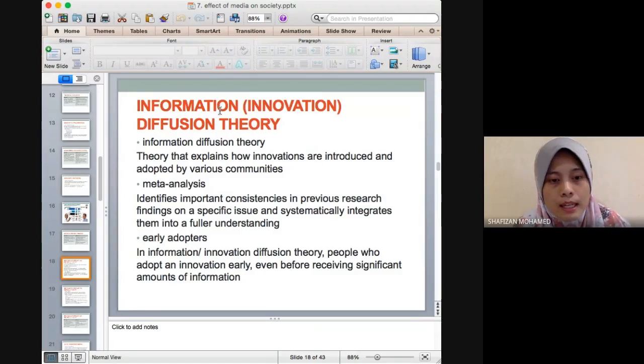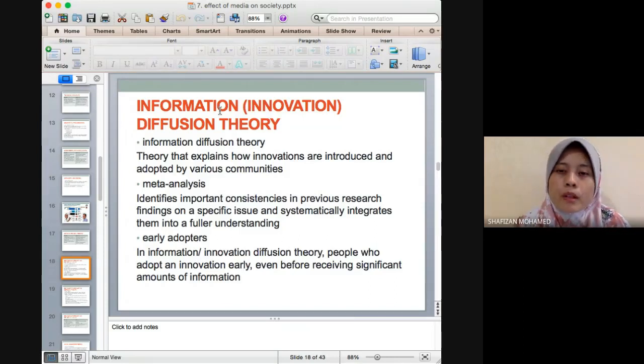So this theory states that any information or any new innovation will not be accepted directly by the public. That means it's not a direct relationship. There will always be some kind of levels. There will be the opinion leaders and the early adopters.